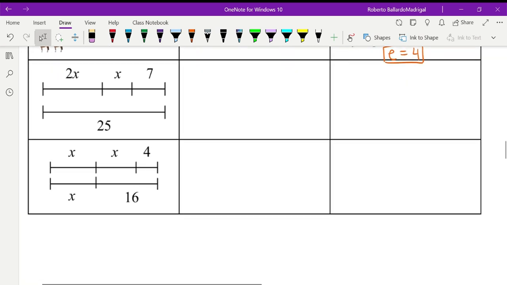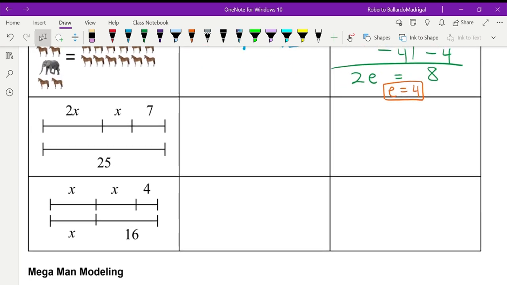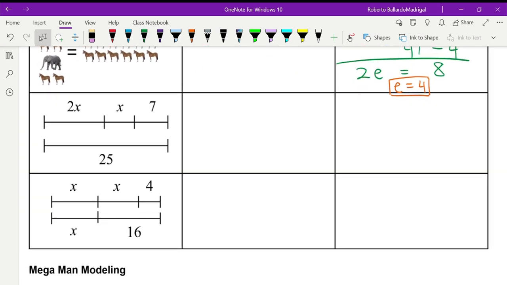Moving on to the material that we just looked at right now. So the length, we have 2 times the unknown length of x plus another x plus 7, and all of this is equal to 25.